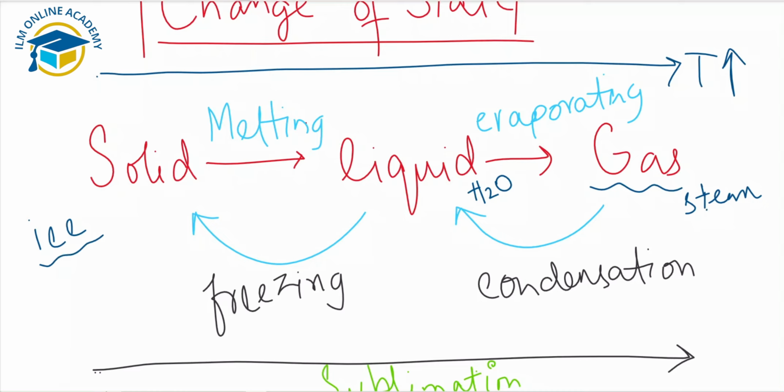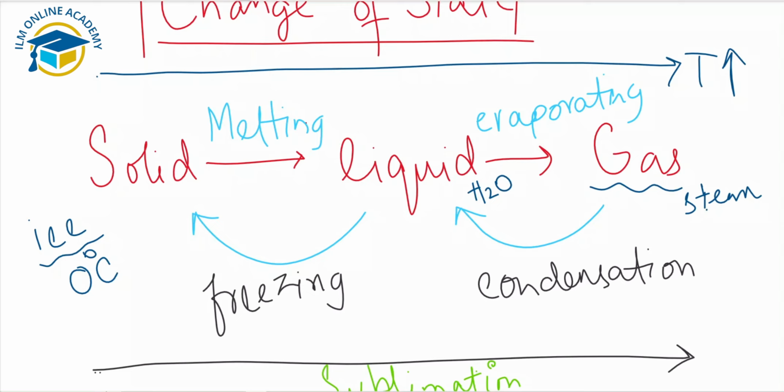Ice has a temperature of maybe 0 degrees Celsius, which is also the freezing point and the melting point of water. Steam has a temperature of more than 100 degrees Celsius, and normal liquid water at room temperature is 20 to 25 degrees Celsius.